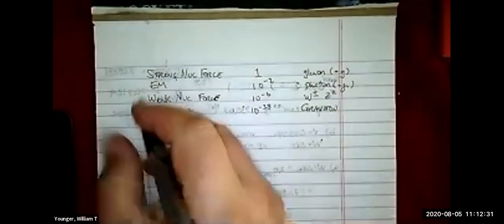The baryon number is basically a generalization of the nucleon number, and it's basically defined to be +1 for all nucleons and -1 for all antinucleons. So basically, if you have a neutron or a proton, then that has a baryon number of +1.